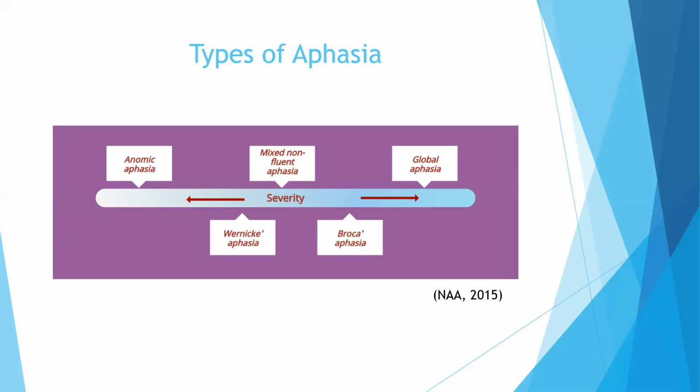Global aphasia being the most severe form; Broca's aphasia, also known as non-fluent aphasia, where speech is halting and effortful; mixed non-fluent aphasia, with patients who have sparse and effortful speech and limited comprehension of speech; Wernicke's aphasia, also known as fluent aphasia, where patients have long connected speech but with unmeaningful words and jargon.